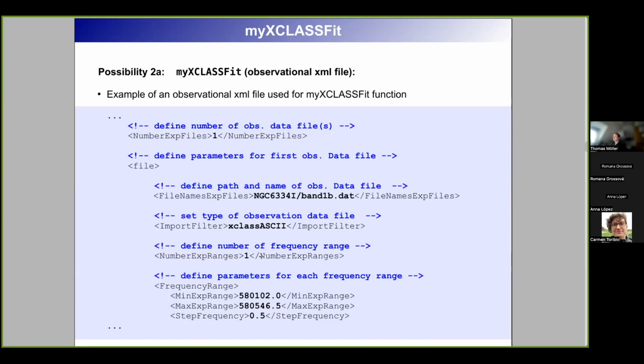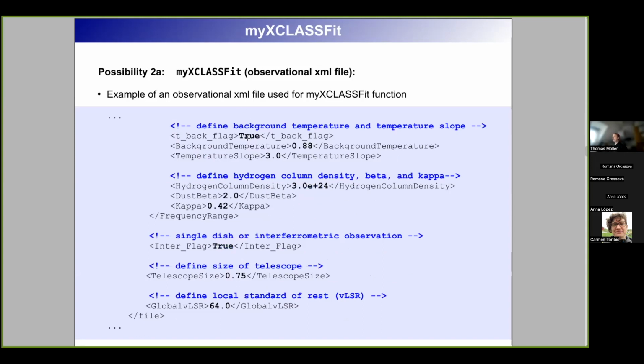For each frequency range, you can define the continuum, you can define some dust parameters. For each observational data file, you can define if it's an interferometric or a single dish observation. You can define the size of the telescope or the size of the beam, depending on what you have. You can define the source velocity and so on.